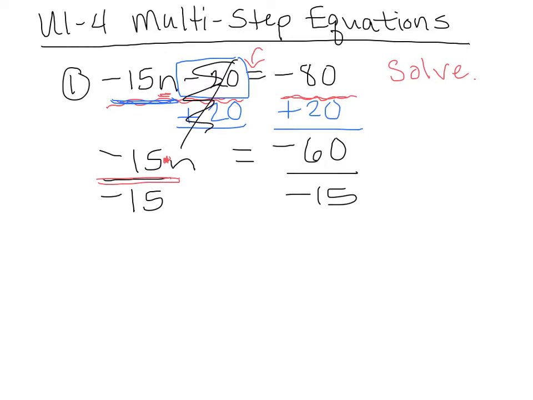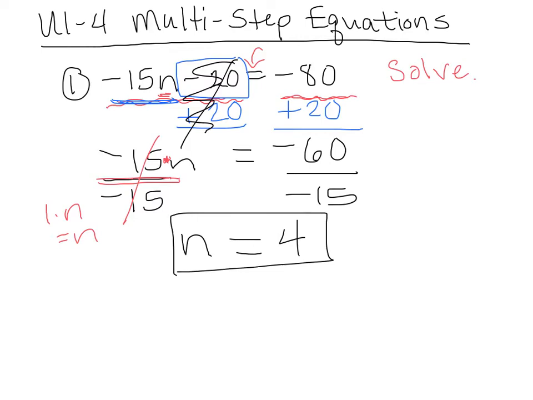And when you divide negative 15 by itself, you get 1, and 1 times n is just n. So that's what gets our n by itself. So now n is alone. There's just like an imaginary 1 in front of it, or invisible 1. And then on the other side, negative 60 divided by negative 15 is positive 4. Okay, so in this case, n equals 4.